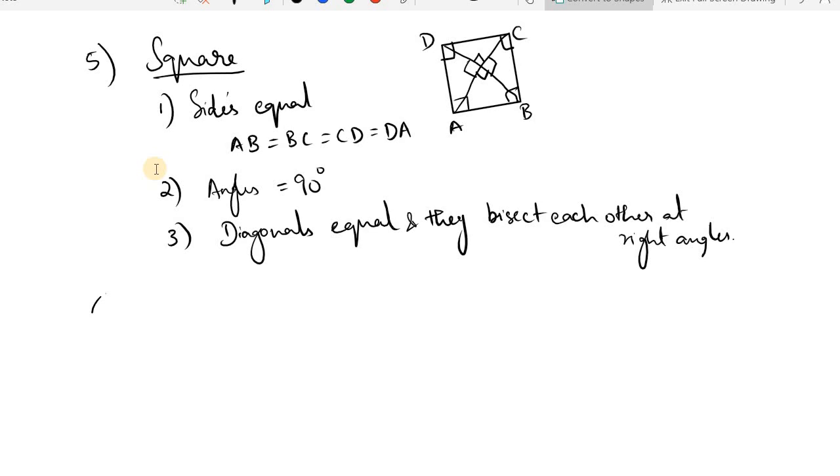Now, the next one I want to tell you is a new one called kite. So kite is not a parallelogram. Kite is also a quadrilateral with two pairs of equal adjacent sides but unequal opposite sides. What do I mean by this? Let me draw it and show it.